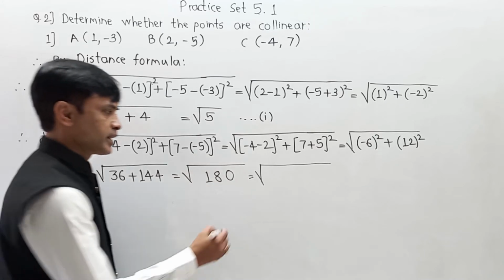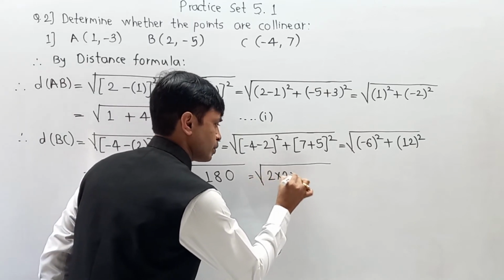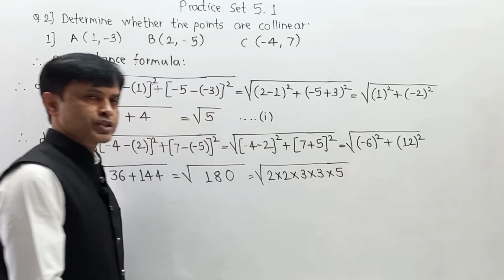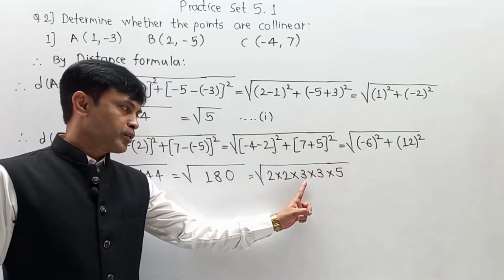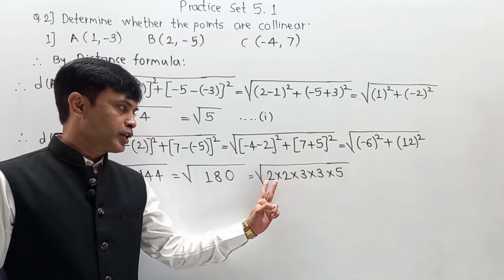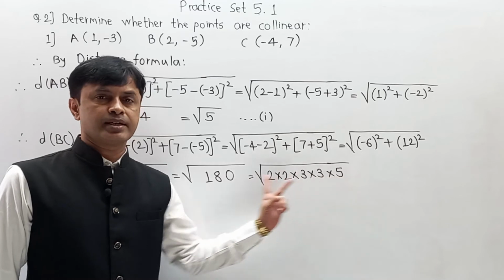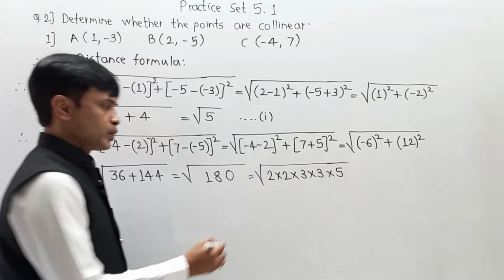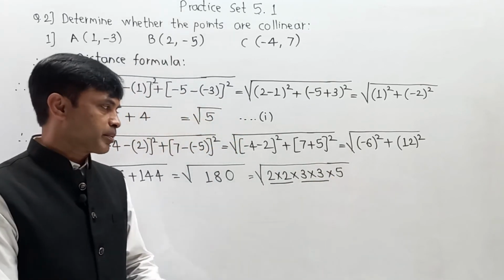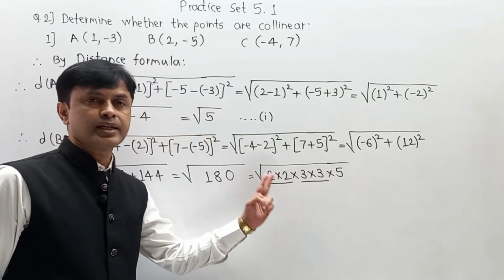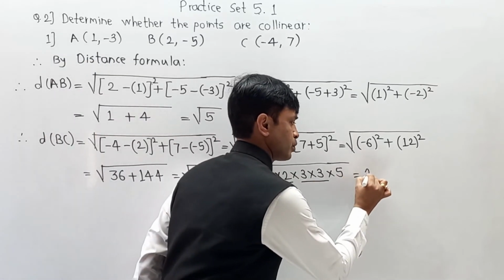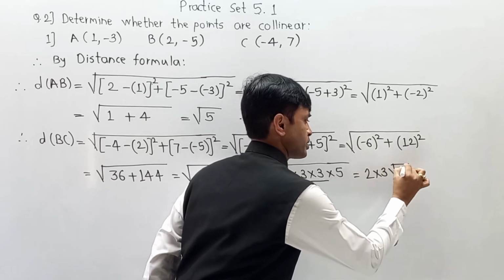So naturally we can write it as 2 into 2 into 3 into 3 into 5. Now cross-check it: 3 into 3 is 9, 9 into 2 is 18, 18 into 2 is 36, and 36 into 5 is 180. In this way 2 into 2 means 4 and 3 into 3 means 9. These are pairs, taking 2 and 3 outside the root. So 2 into 3 is 6, which comes outside, and root 5 is as usual.